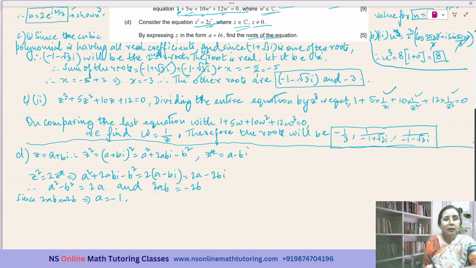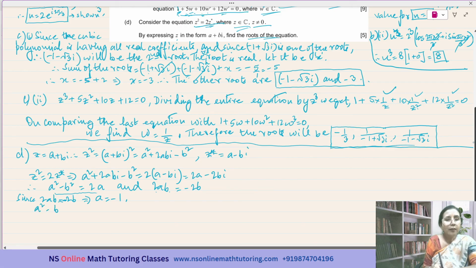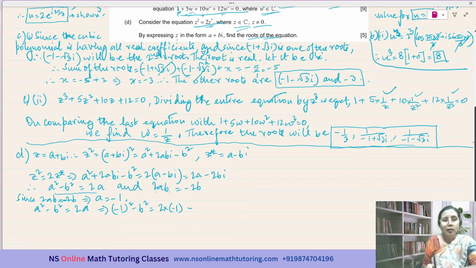And from here, since a square minus b square is equal to 2a, and a is negative 1, negative 1 whole square minus b square is equal to 2 times negative 1, or 1 minus b square is equal to negative 2, or b square is equal to 2 plus 1 is 3.